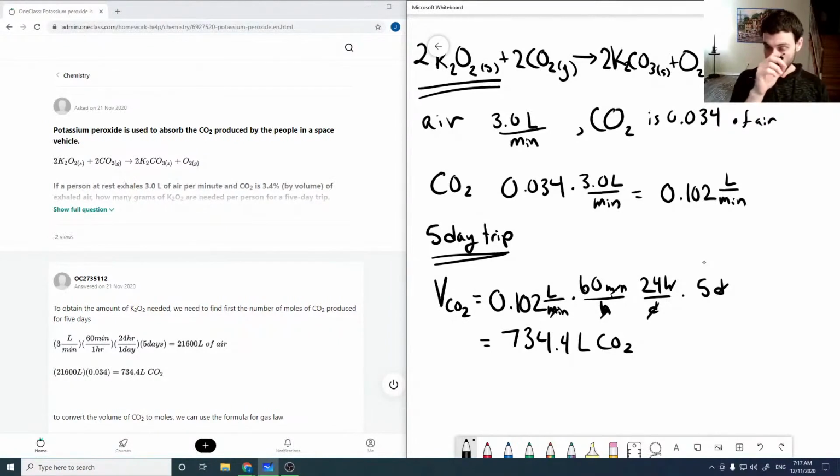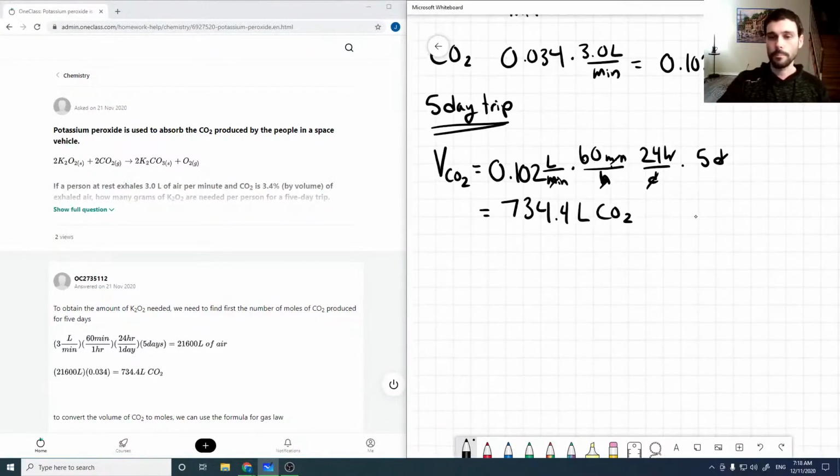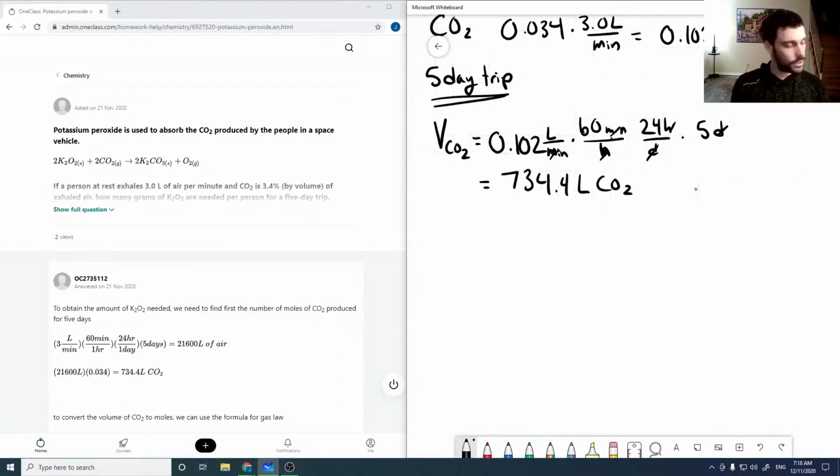And now, given a volume of CO2, all right, now I remember what else is in the question. So the other stuff given in the question is that our ideal gas constant is 62.363 millimeters of mercury, liters per mole Kelvin.